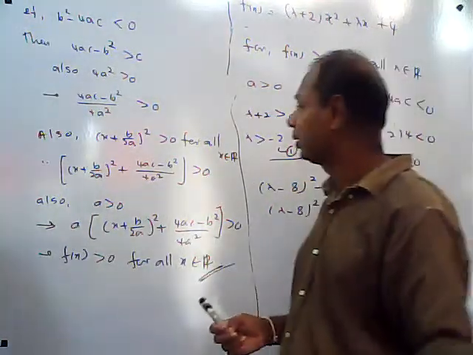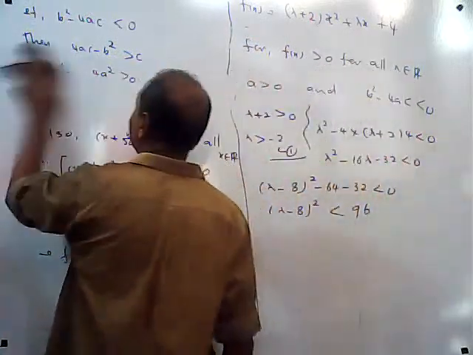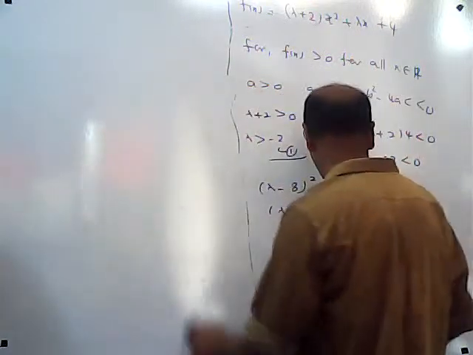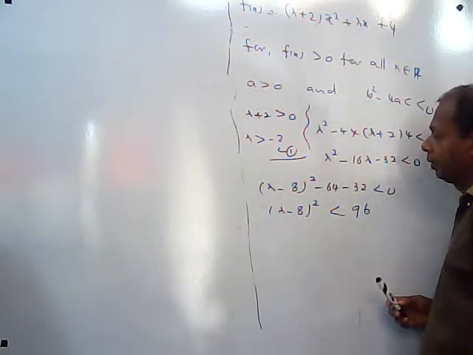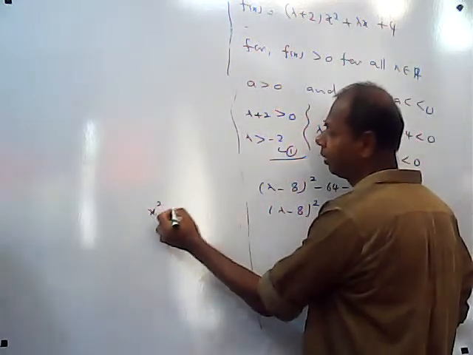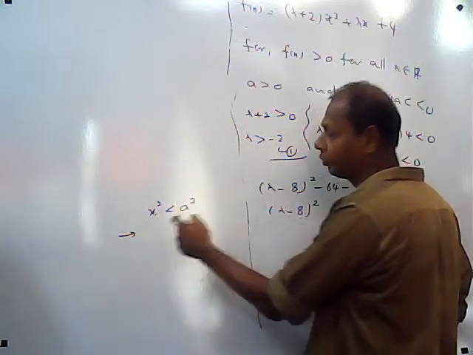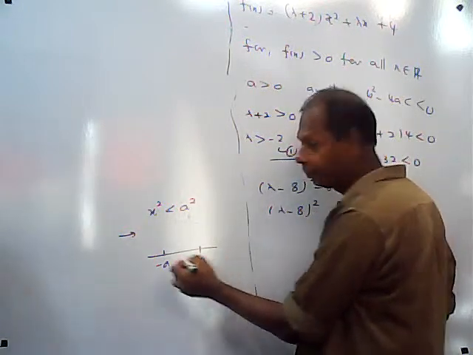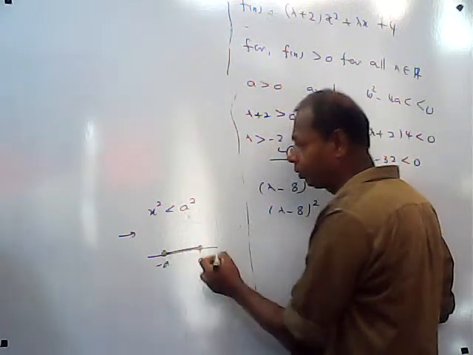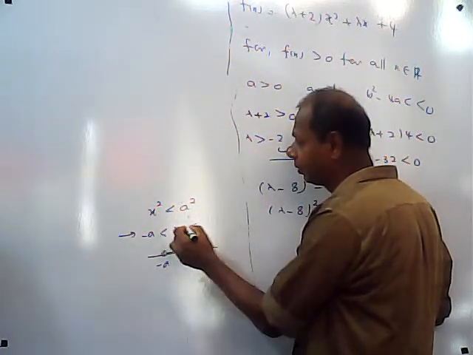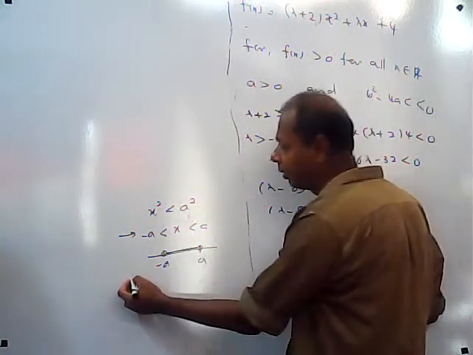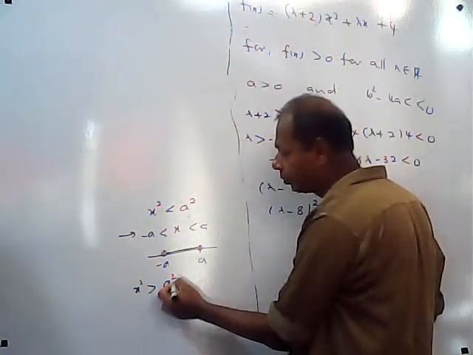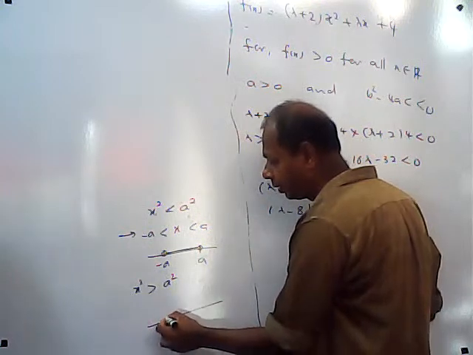At times like this, I have taught you some small tools to make things easy. Remember, there is a rule: if x squared is less than a squared, then x should lie between minus a and plus a. On the other hand, if x squared is greater than a squared, then x will lie on either side.